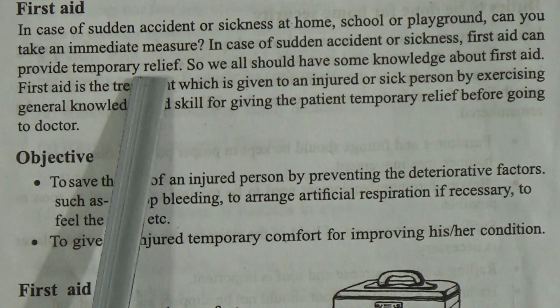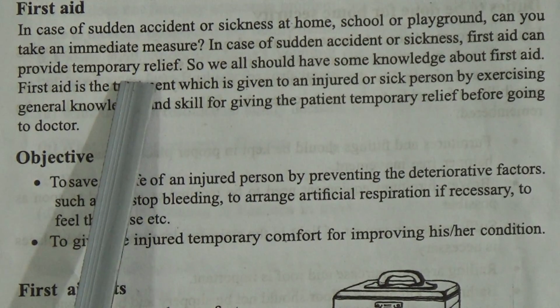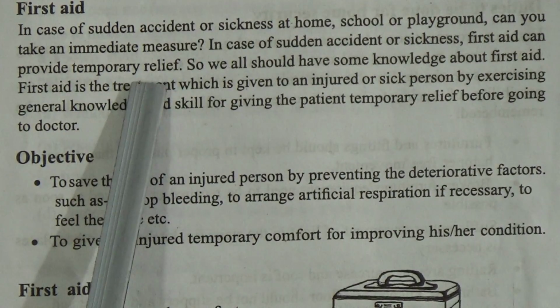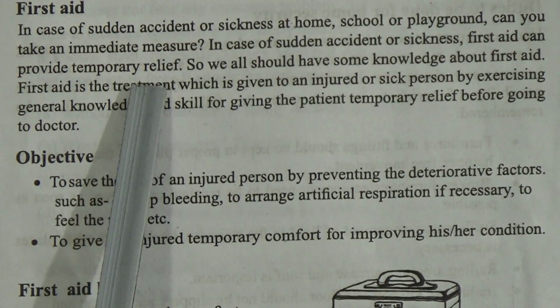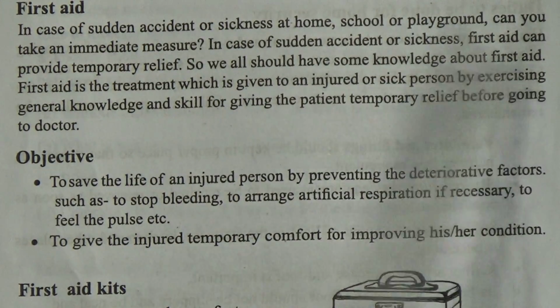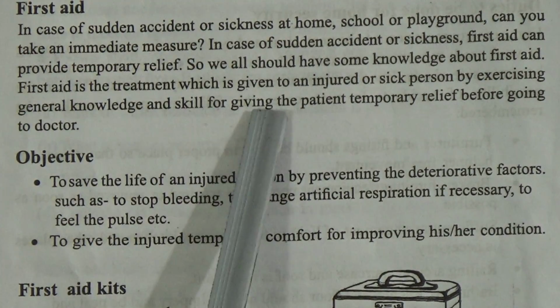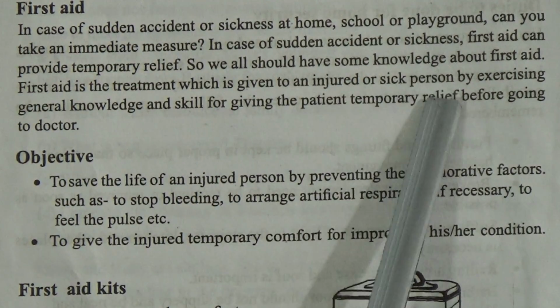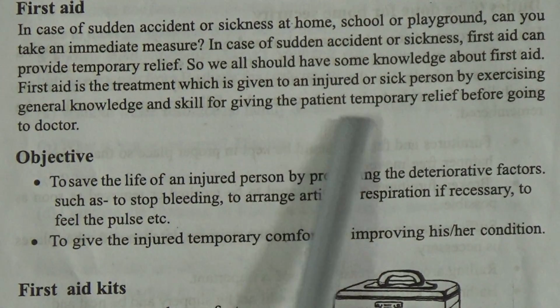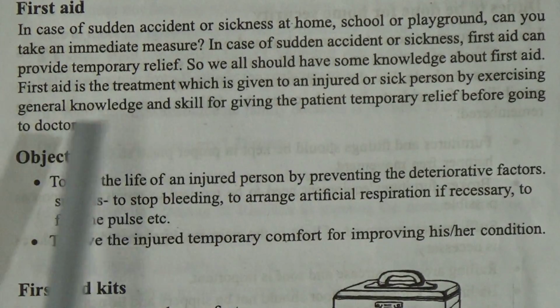So if you are sick or if you have had a sudden accident, it is first aid which can remove your sickness or pain. So we all should have some knowledge about first aid. First aid is the treatment which is given to an injured or sick person by exercising general knowledge and skill for giving the patient temporary relief before going to the doctor.